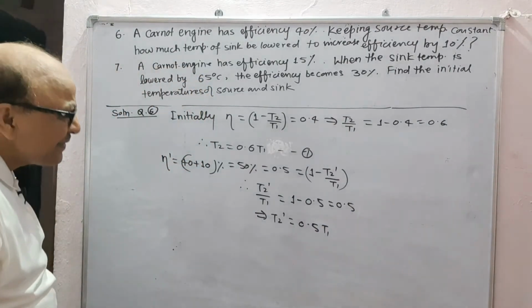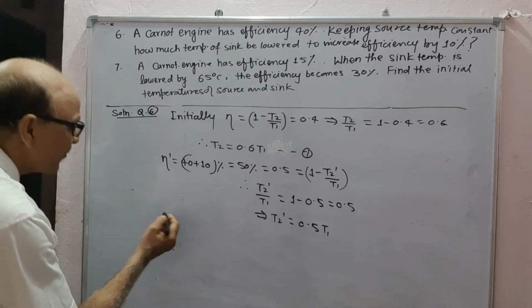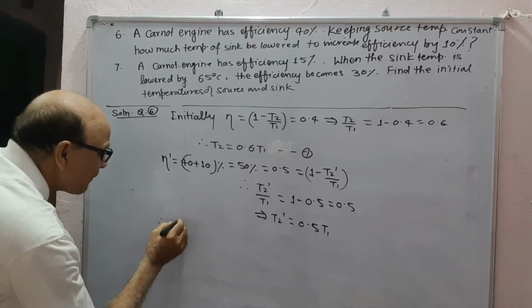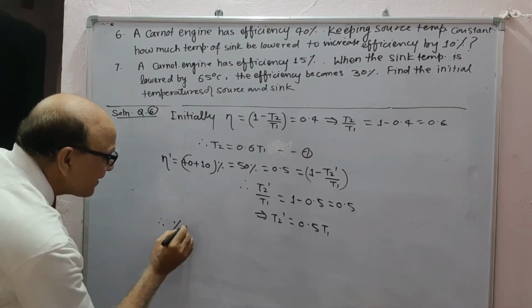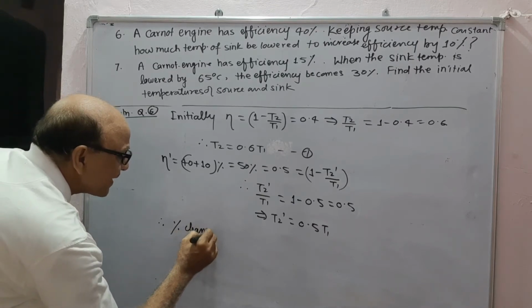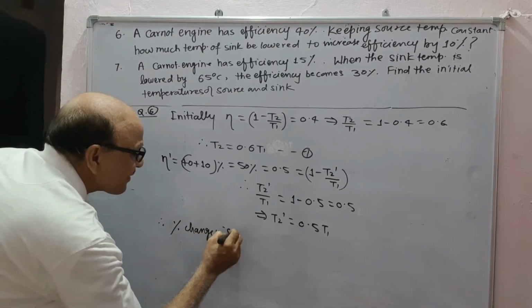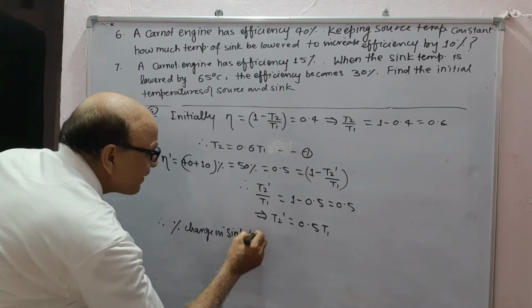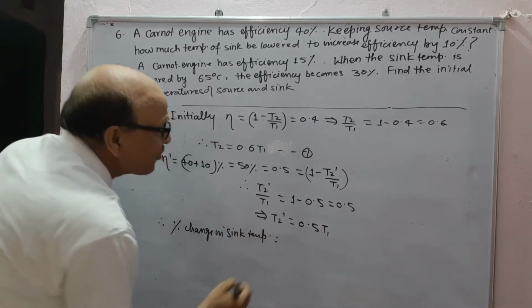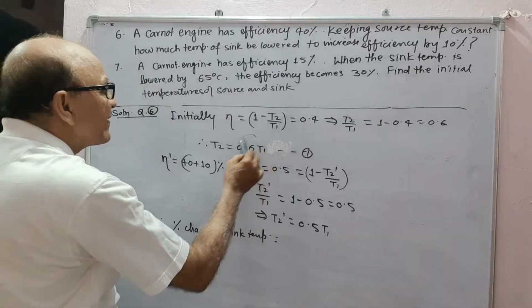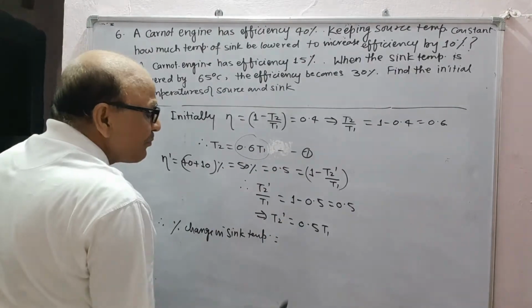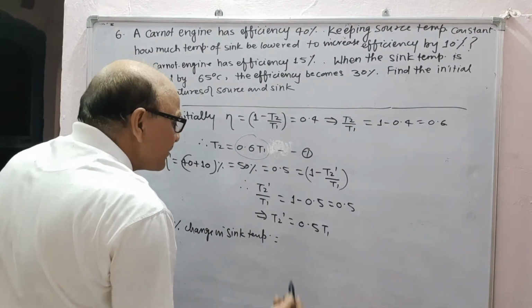Now, therefore, percentage change in sink temperature. Sink temperature, initially it was 0.6 T1 and now it is 0.5 T1.